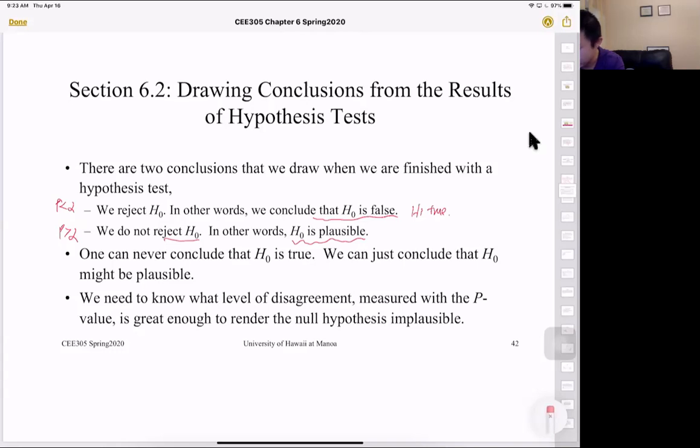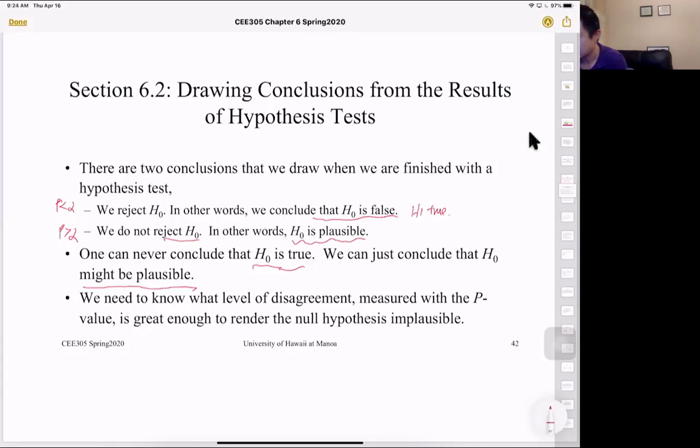The reason is because the p-value is a probability. If we assume H0 is true, what is the chance we observe that certain value from the experiment? We can never conclude H0 is true. We can just say it is plausible.